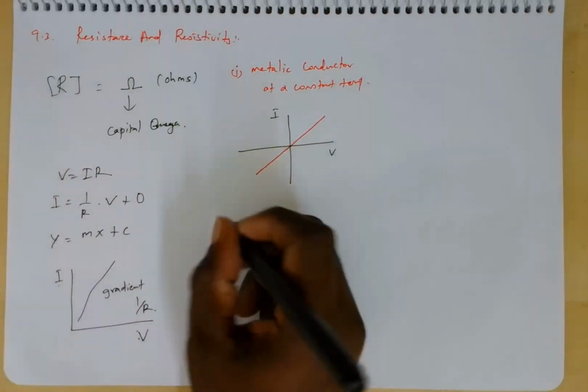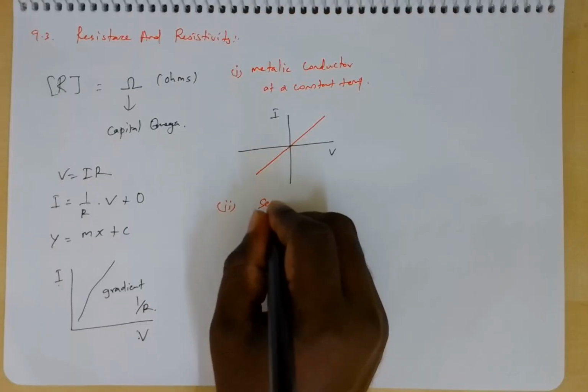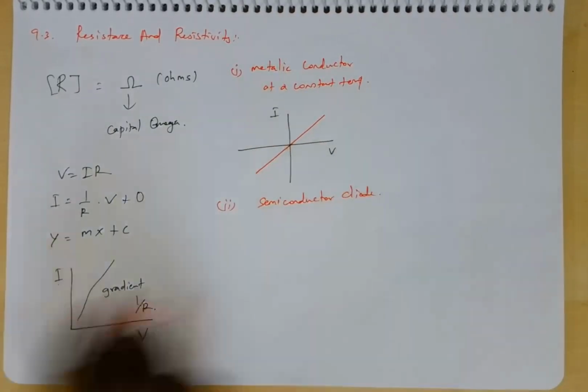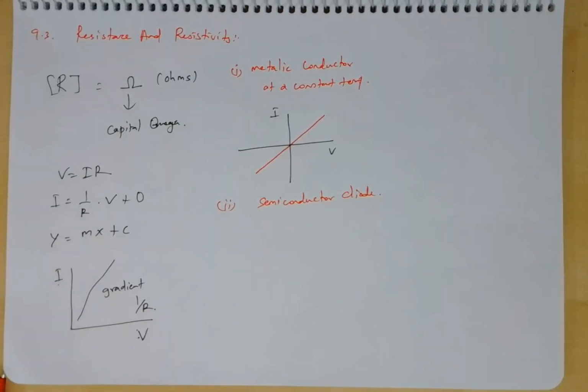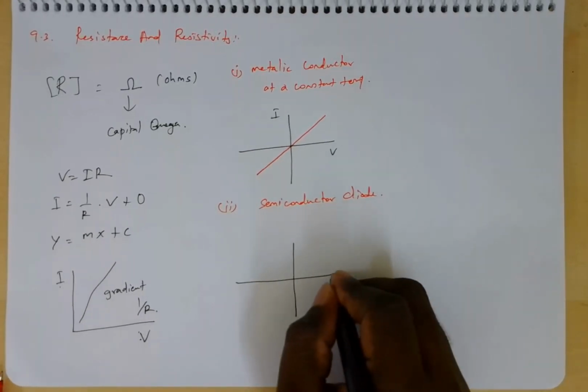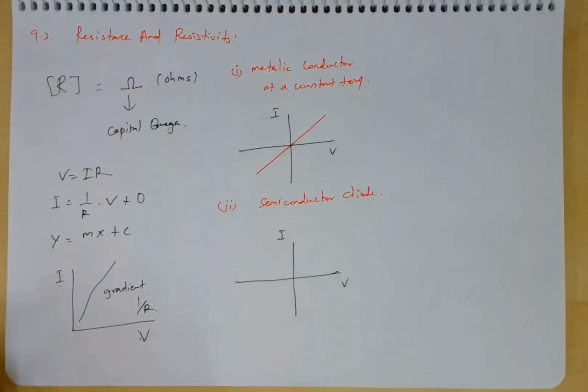So the second one is the semiconductor diode. This depends on the type of diode, but we will have a very generic curve.